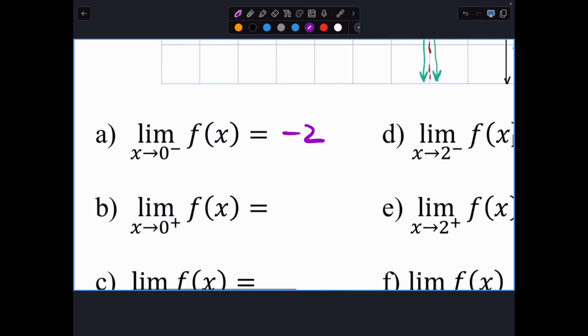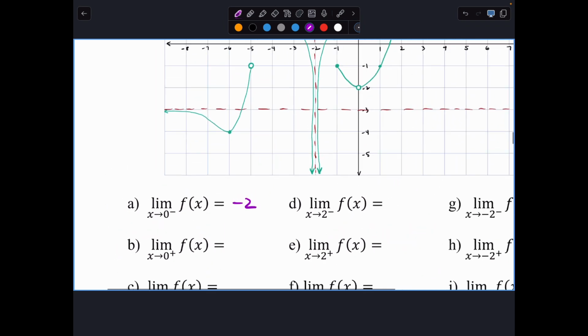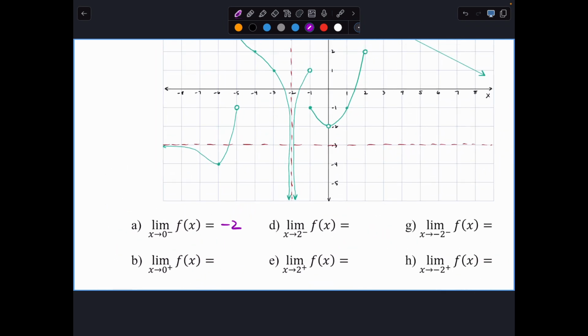B is asking about the limit as x approaches 0 from the right. Again, we don't care what's happening way over here, we're thinking just to the right of 0. As x approaches 0 from that right side, it seems like the function is also approaching -2. Do we see that? So we would say that the right-handed limit would also be equal to -2.